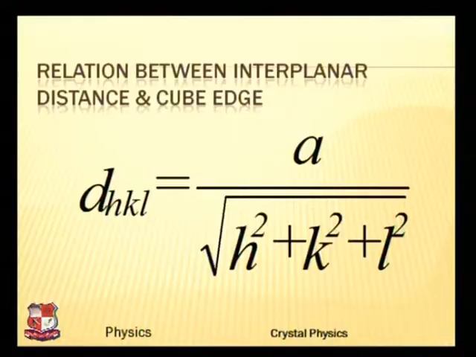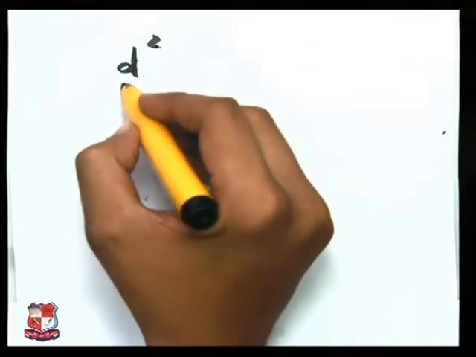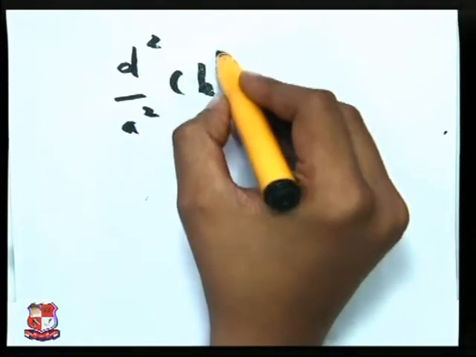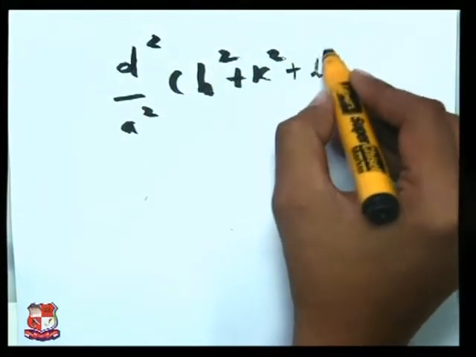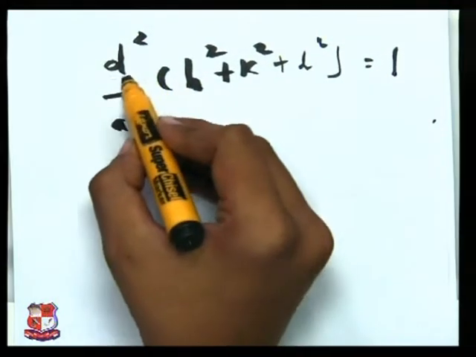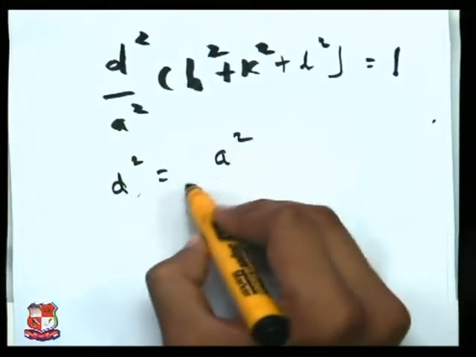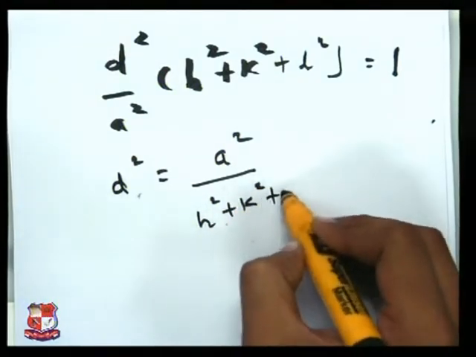If we take out the common factor, d square upon a square becomes common, and in comparison to that, h square plus k square plus l square is equal to 1. That means we want this d. That means d square will be equal to a square upon h square plus k square plus l square.